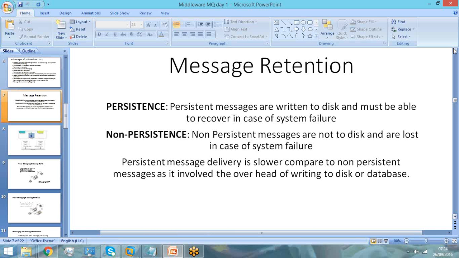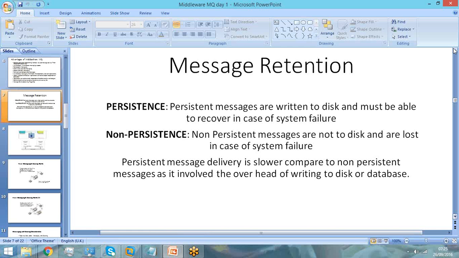Next one is non-persistent message. If persistent messages are to be written to disk, non-persistent messages are not. They are not very important messages, ones I can afford to lose.